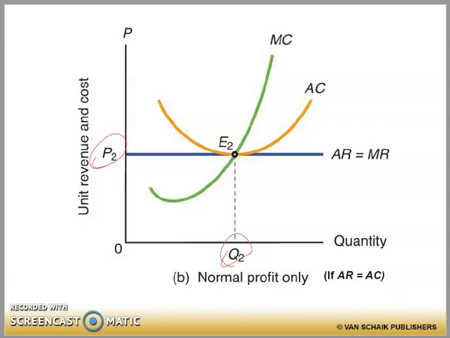And at Q2, the level of output, average revenue is equal to the average cost. That is, total revenue is equal to total cost. The firm therefore does not earn economic profit. It does, however, earn a normal profit since all its costs, which include normal profit, are fully covered.